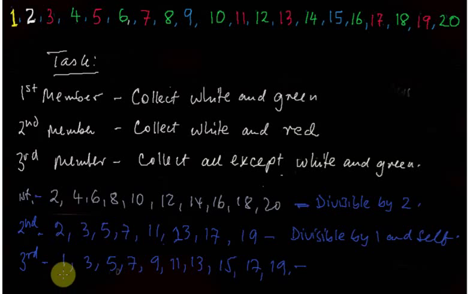Number 3, he collected 1, 3, 5, 7, 9. Now you see here we have a mixture of numbers, but these numbers can be divisible by 3, can be divisible by 5 because we have 15, we have 9. But as we see here, they exempted all numbers which are divisible by 2.